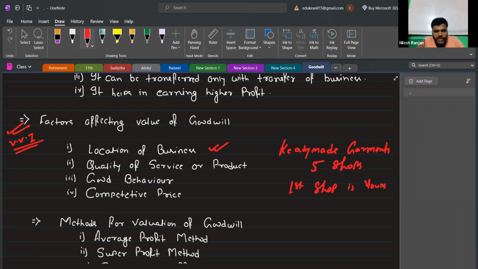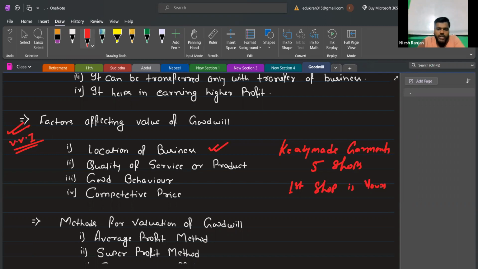Generally, no. If they charge a low price, there is no consideration of the low price, because they give you a bad product, not a good one. So that's why quality of service or product matters for goodwill. The next thing is good behavior. If the shopkeeper's behavior is good, then it also affects goodwill.